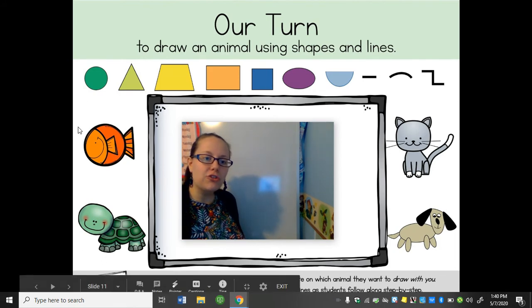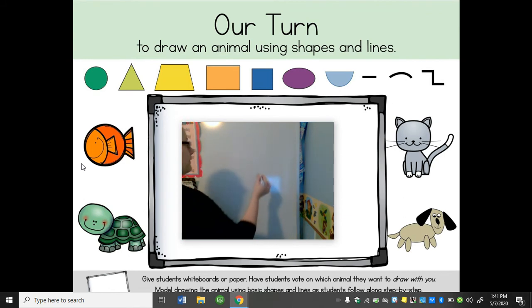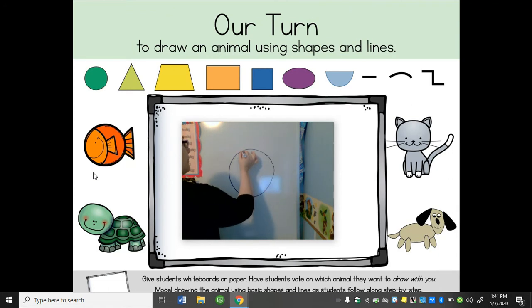What is the big shape that you see? That's right, its body is a big giant circle. So let's make a big giant circle for this fish. Now the next thing I see is right here, it is a curved line or a half a circle. So right about here, I'm going to curve it down.